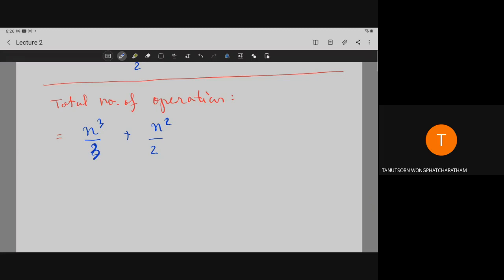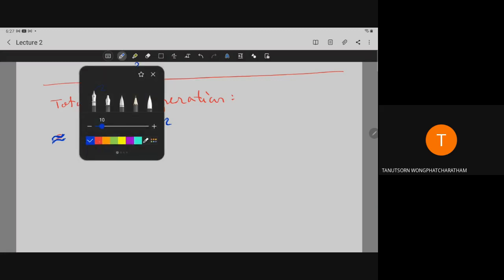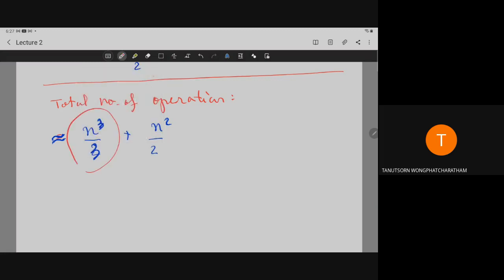So we can say approximately, because we take away some terms for both parts. And because this is n cubed, the first term also dominates the second term.